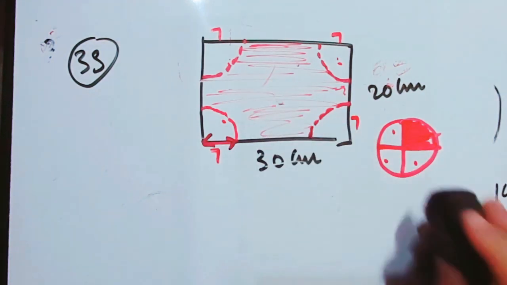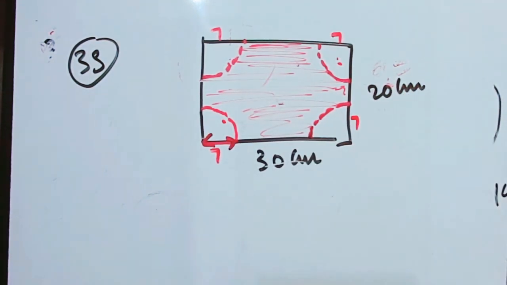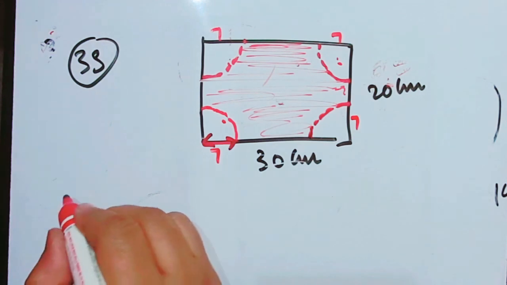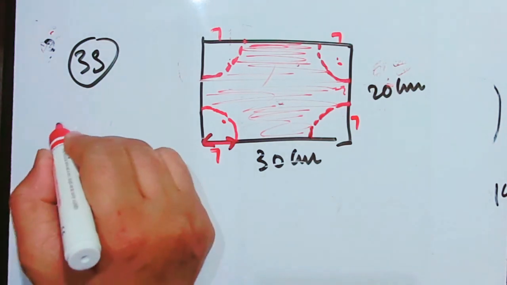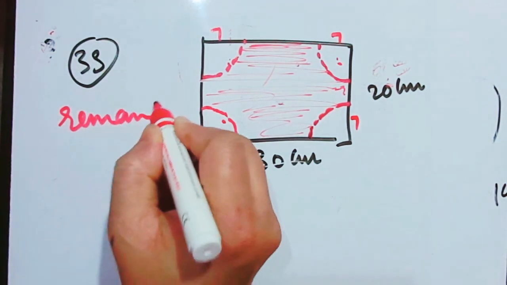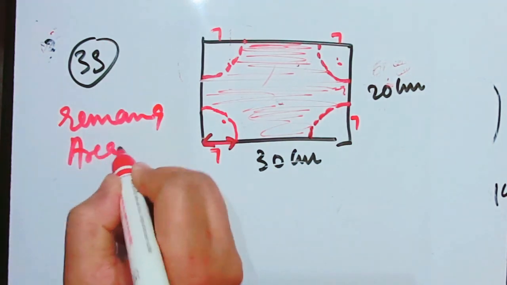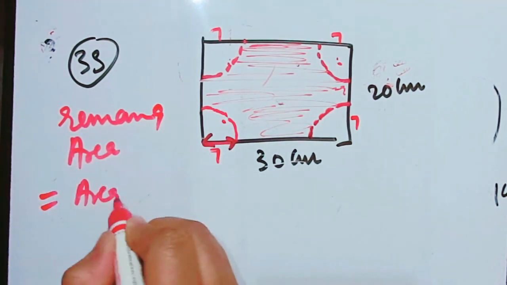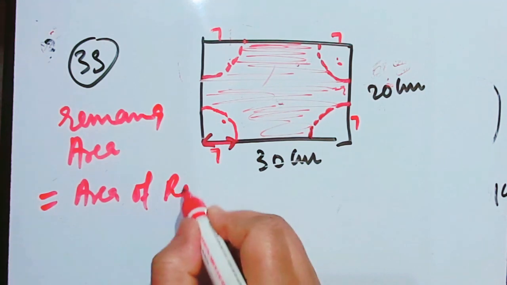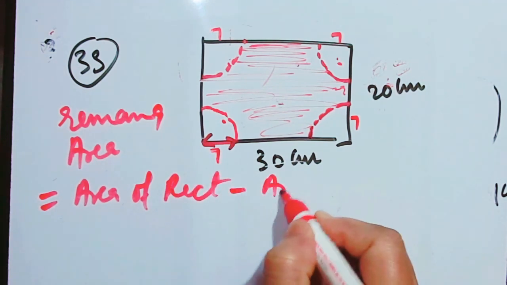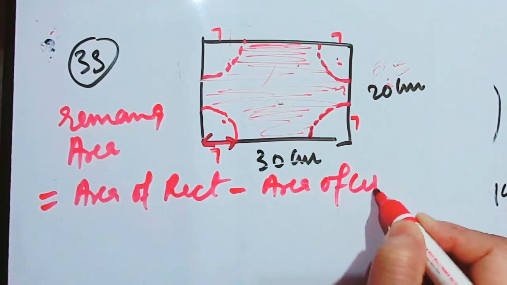So the remaining area is equal to area of a rectangle minus area of circle.